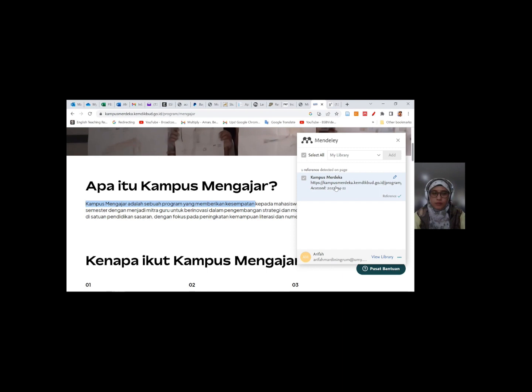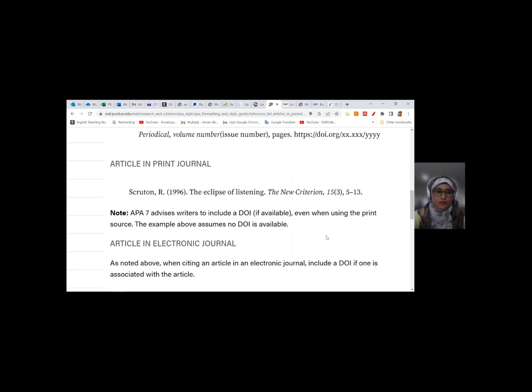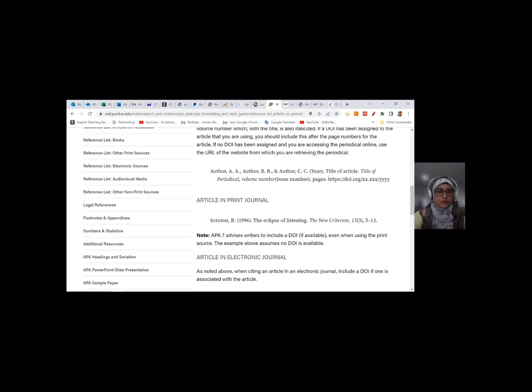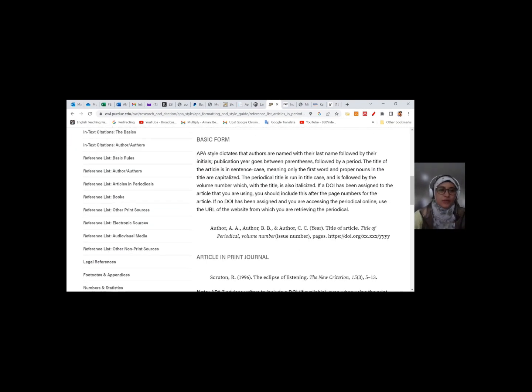Okay, but just remember the information here is so incomplete. Now we need to check. This is the time when you need to check the Purdue. What is the rule if I want to use an entry or reference from electronic sources or a website?